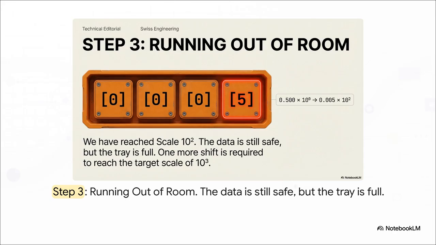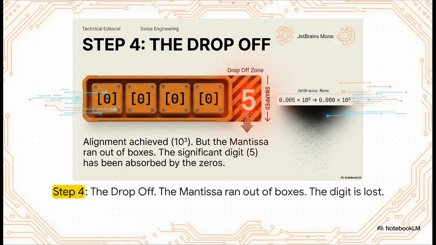The data's still there, it's safe for now, but that tray is totally full. And here's the kicker. We still need to do one more shift to get that exponent up to 3. And this is the moment it all happens. That final shift for alignment takes place. But there's no more room in the Mantissa. The digit 5 gets pushed right off the edge into the drop-off zone. It didn't get rounded, it was just discarded.